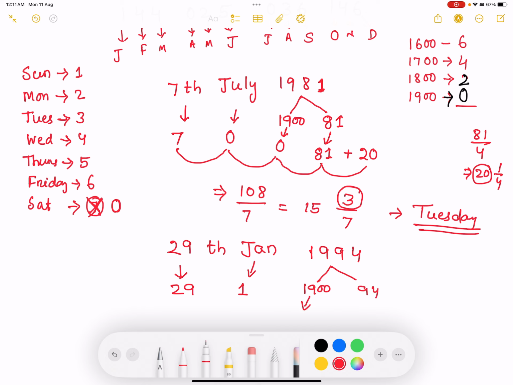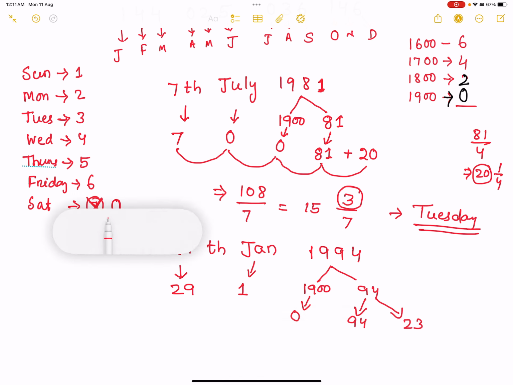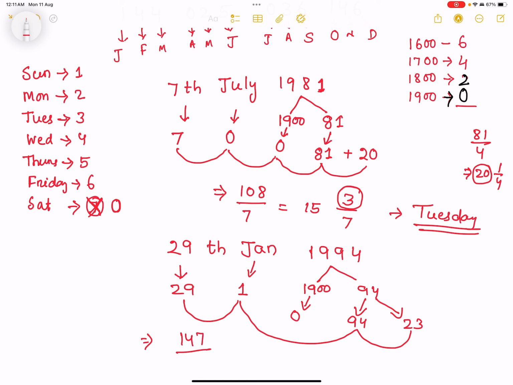The 1900 code is 0. 94 will be as it is, and in 94 years there are 23 leap years, which means 23 extra days. So just add everything: 29 plus 1 is 30, plus 94 is 124, plus 23 is 147. 147 by 7 gives remainder 0. 0 means it will be a Saturday.